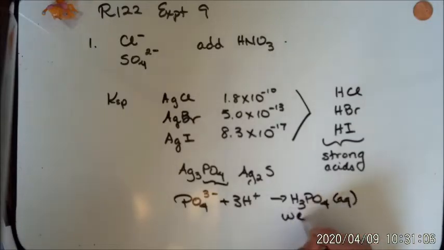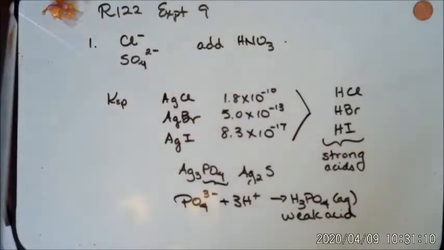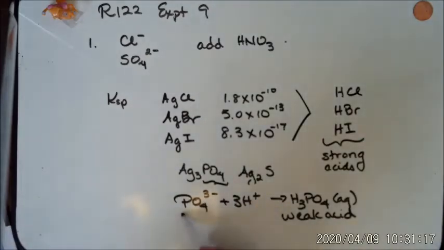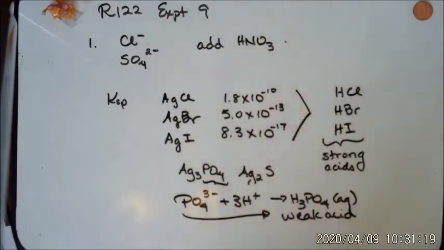This is a weak acid, okay, which means it won't dissociate. So again, with the addition of nitric acid, this will actually reduce the concentration of phosphate, making silver phosphate more soluble.